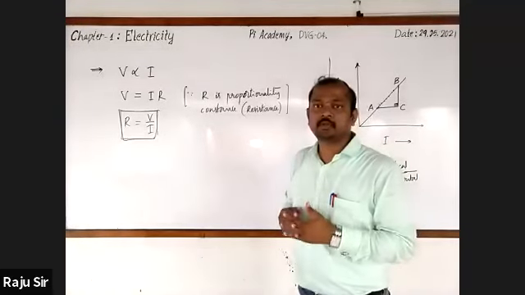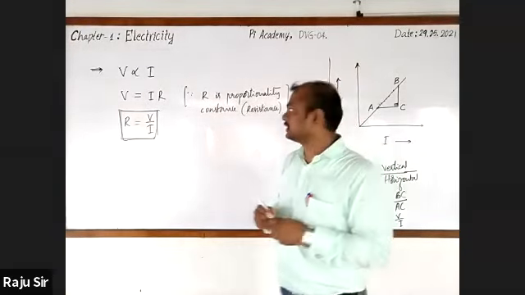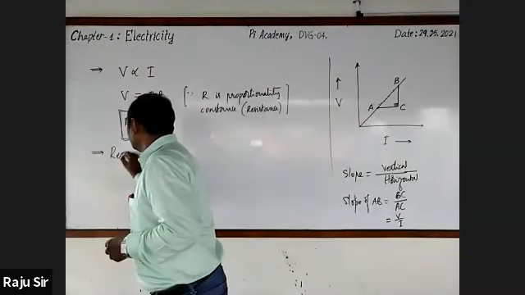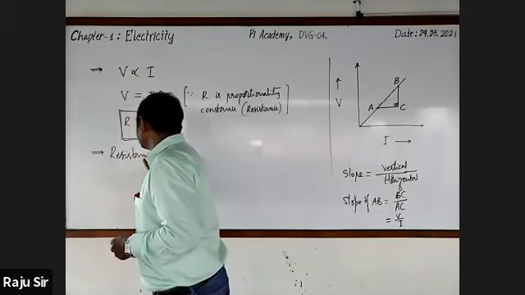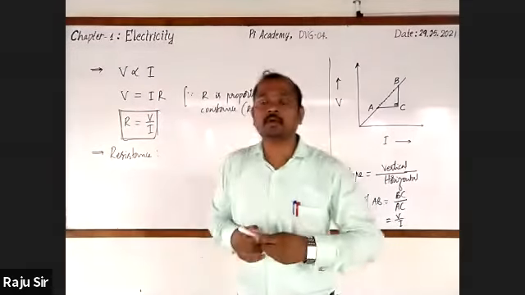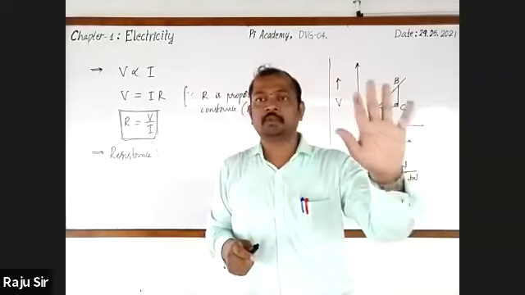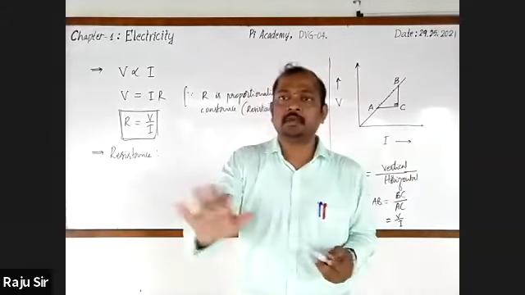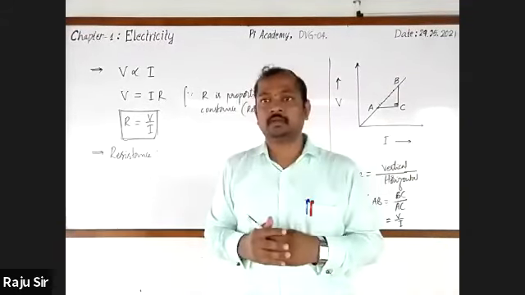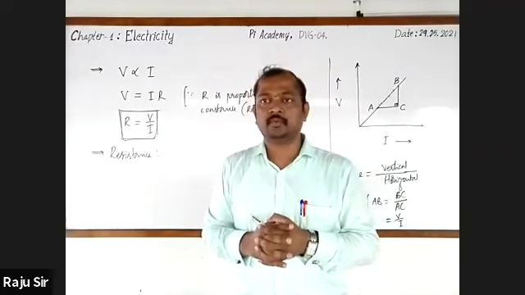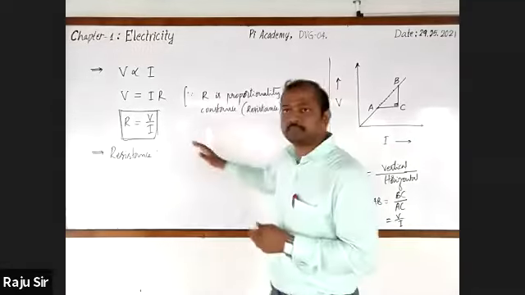Now let us come to know what is electric resistance. The word resistance, you know the meaning of the word resistance: it is restricting, nothing but opposing, nothing but not allowing. What does it not allow? Look here.